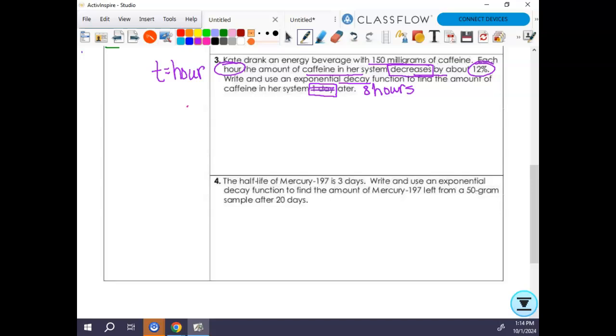All right, so actually you try and write yourself an equation, just the equation, you're not using the 8 yet. Okay, write yourself an equation, f of t equals, let's see what we got.